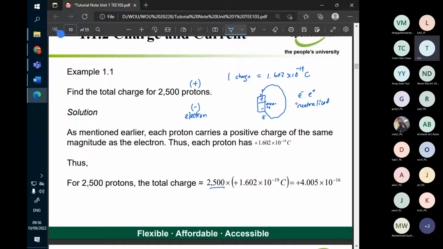So charging a battery is pumping a lot of electrons to the negative side and positive charge to the other side, so that when you connect a circuit, the pressure will help push all these electrons from this terminal to the other terminal. This is how we understand the circuit flow.